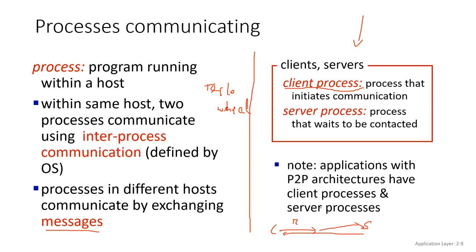Take this example again, Facebook. Facebook doesn't know any computers in the world until you make a request to the Facebook server. Then the Facebook server will acknowledge that you have an account with us, that we have some information to give you, and then they give you that information. So you are a client, you have an application, you have an account with Facebook, and they send you back your feeds.